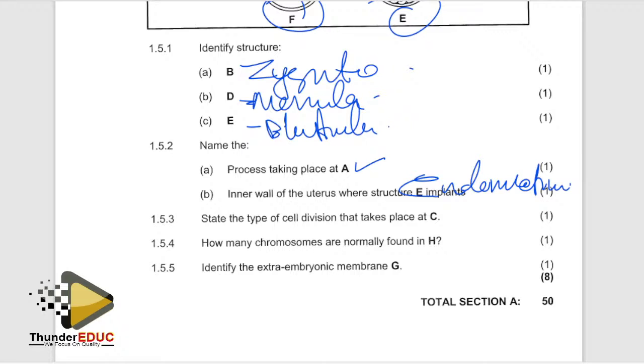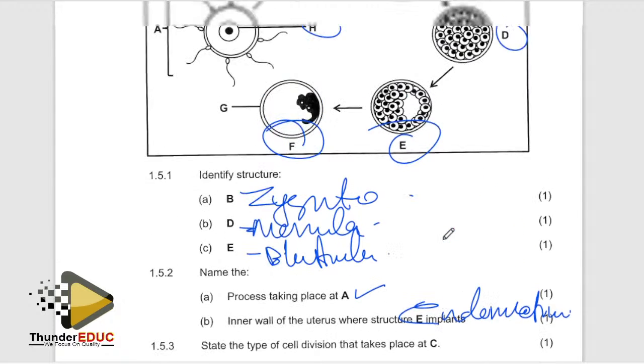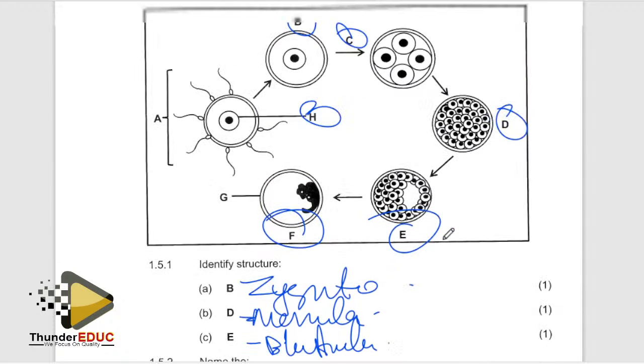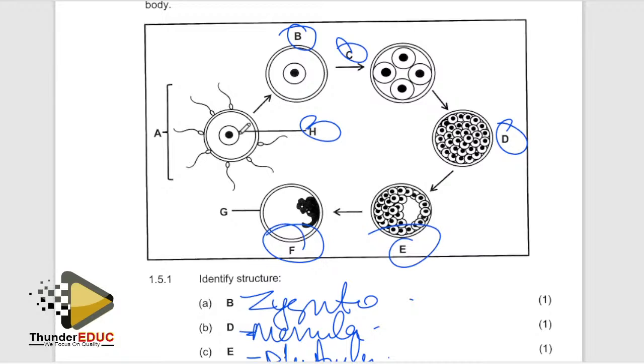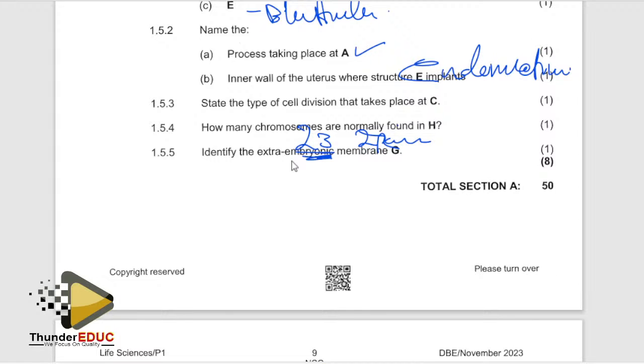Let's continue. How many chromosomes are normally found in H? What is H? Remember, it is a zygote. No, remember, it is an ovum. Then identify the extra embryonic membrane.